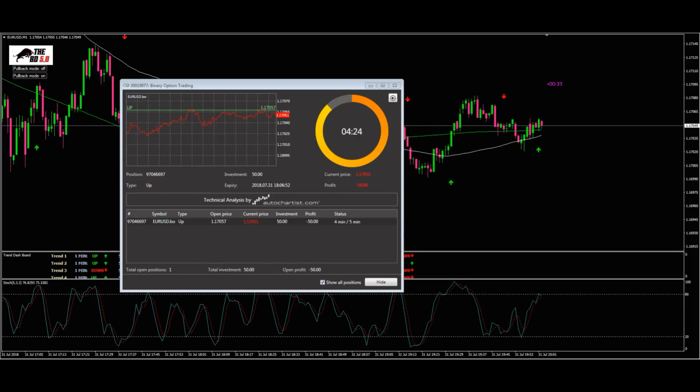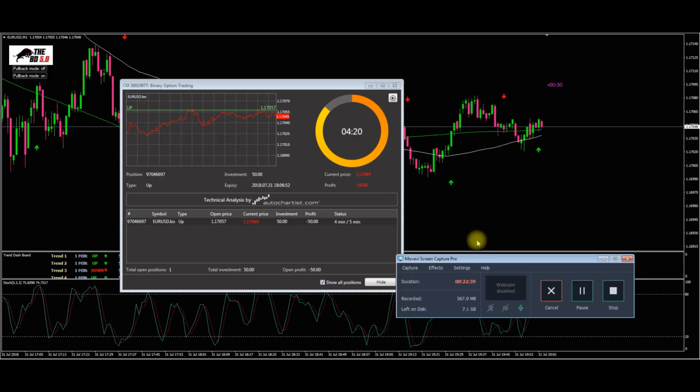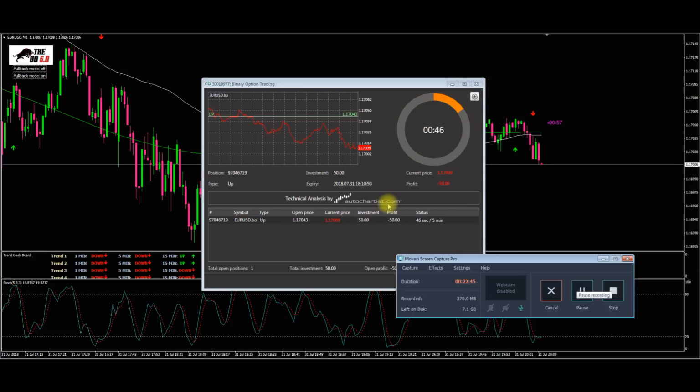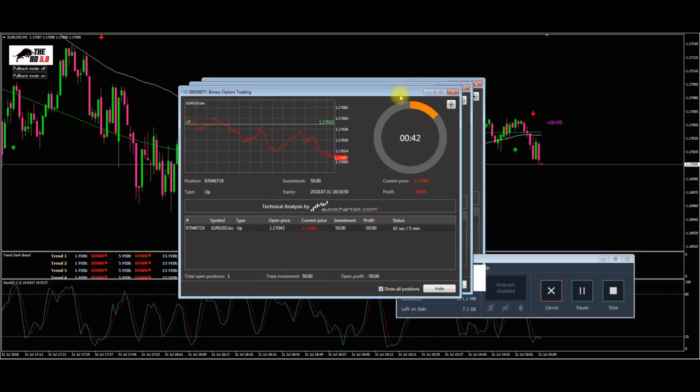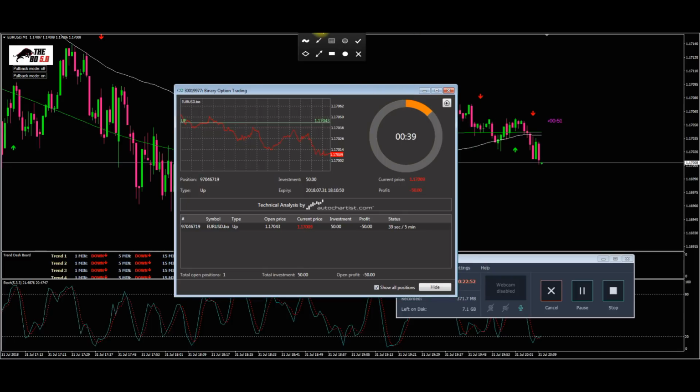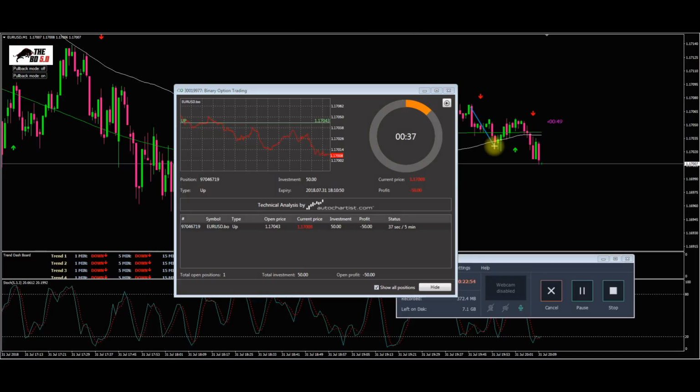What I'll do, everyone, is I won't sit here for 4 minutes muttering on. I'll pause the video and I'll come back in 4 minutes time. So I'm actually going to lose this binary trade, but I want to quickly show you something. Look how now Euro USD is dropping. Look, trend down, pull back, trend down. Can you see that?